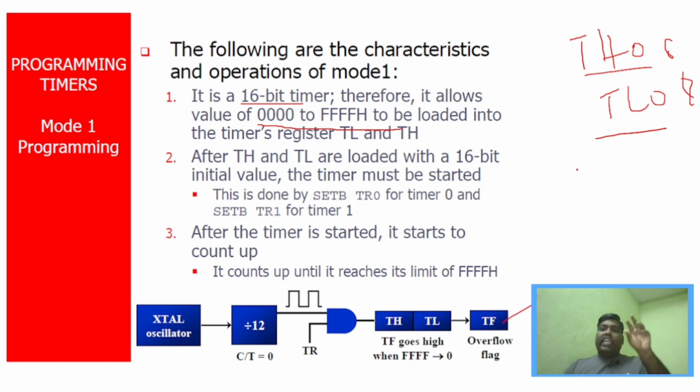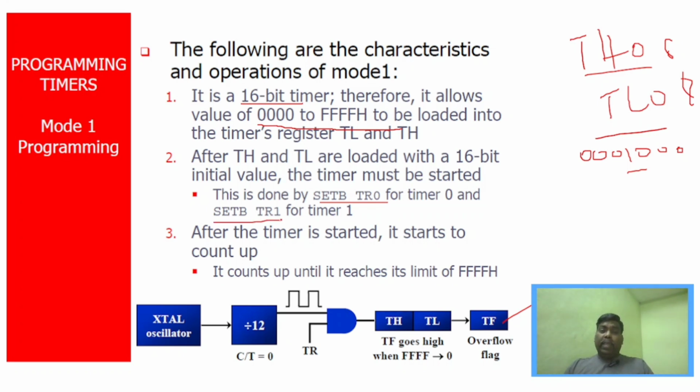To configure the TCON register, we gave the value 0001 0000. We can also use the instruction SETB TR0, which enables the timer 0 TR0 bit. If you are using timer 1, we can use SETB TR1.